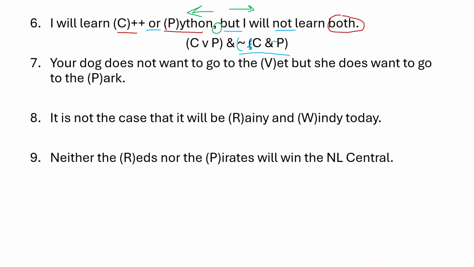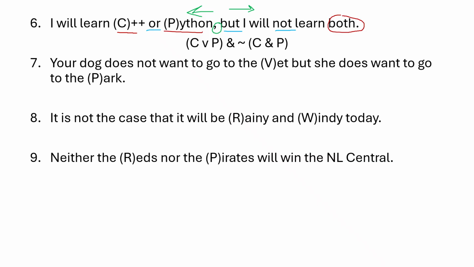When in reality, what we want this sentence to say when we're symbolizing it is that you're learning one, but you're not learning both of them. So if we keep it the way in which we wrote it the first time, what we get is something that says on the left-hand side, I'm learning either C++ or Python, but that's our ampersand.